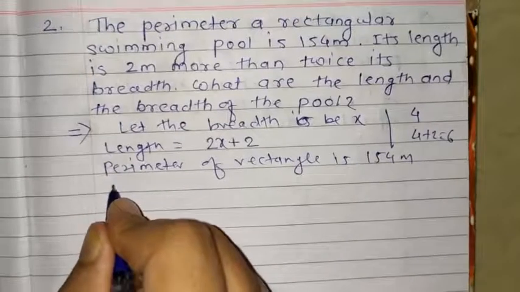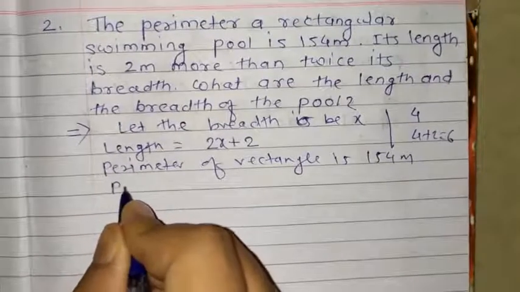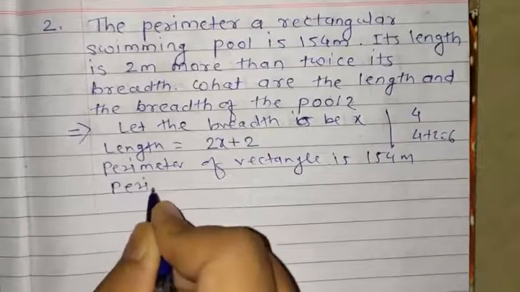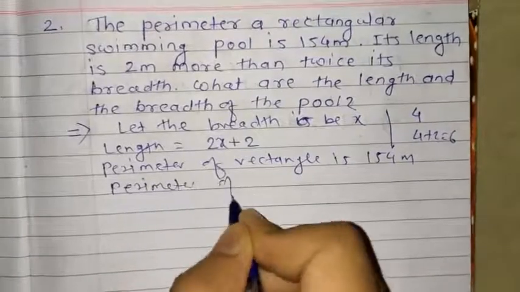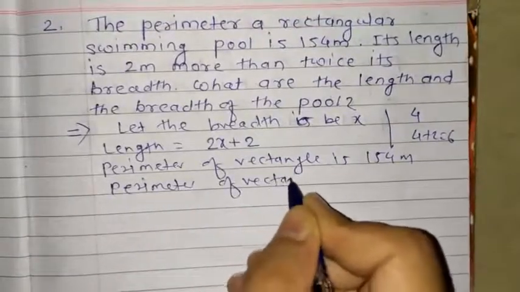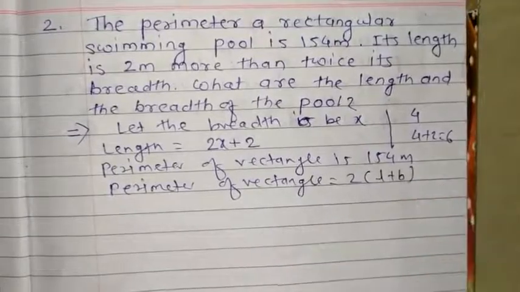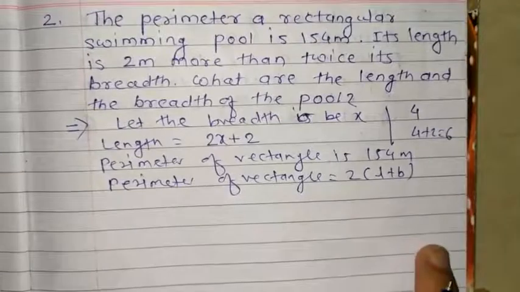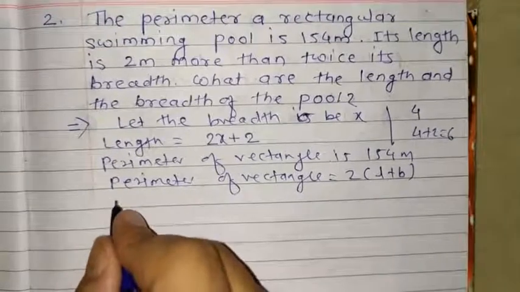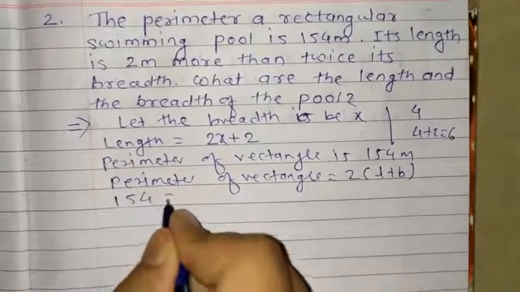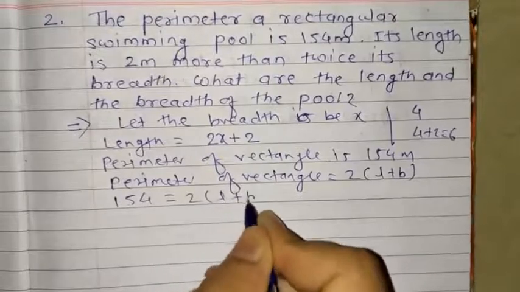So perimeter formula you can see here, perimeter of rectangle is 2(L plus B). This is the formula of perimeter, and here perimeter is already given, so it equals 2(L plus B).